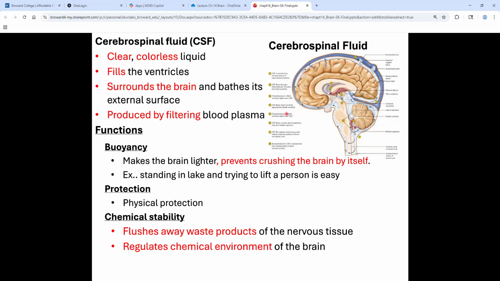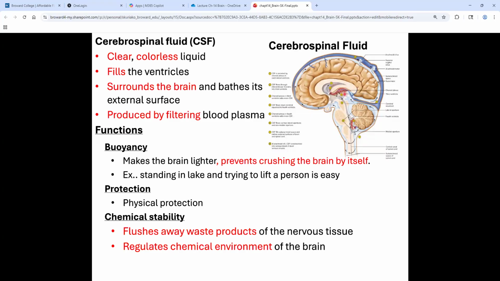And how is CSF produced? It's produced from blood. And where is it produced? It's produced in these areas here. These little red areas here. You can see one area here, another area here. It's produced by a type of cell called ependymal cell. We learned about ependymal cell.